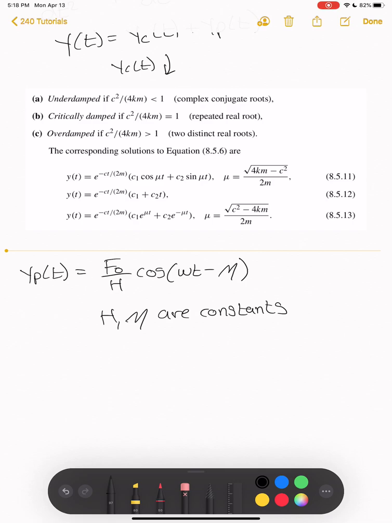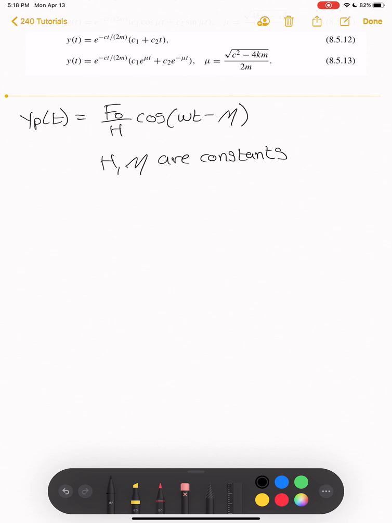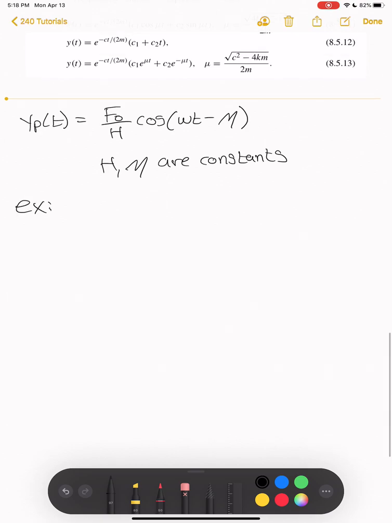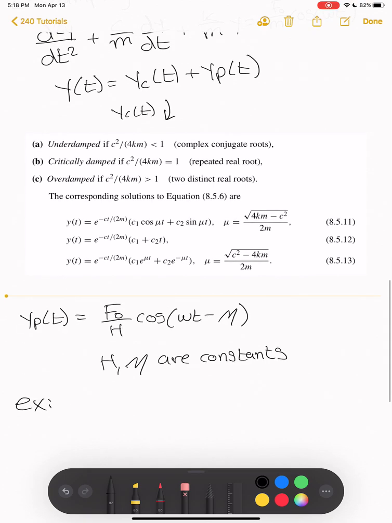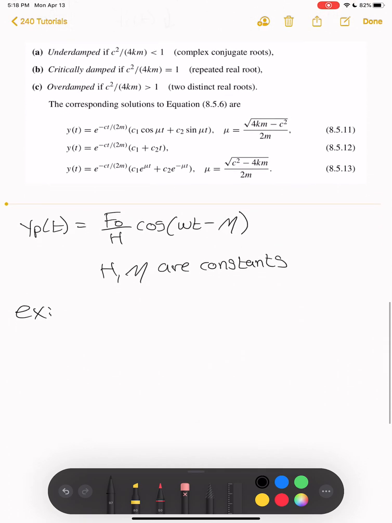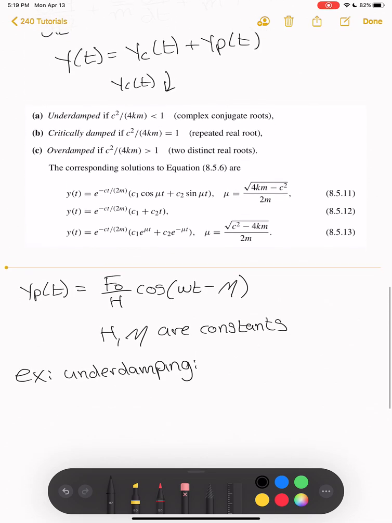That's our particular solution. So I'll do an example. If we go through our problem and we find that we have underdamping, then we can pick off our complementary function.